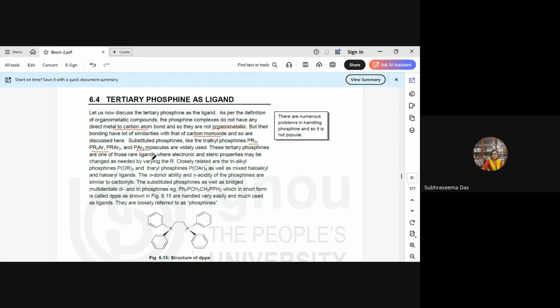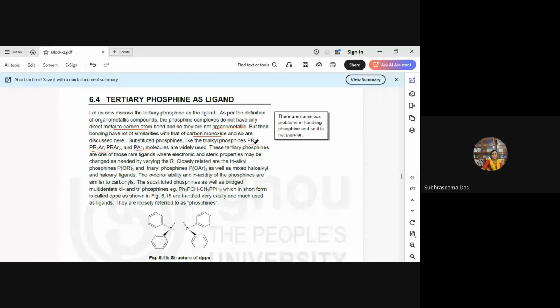These tertiary phosphines are one of those rare ligands where the electronic and steric properties may be changed as per our need by varying the R group. Closely related are trialkyl phosphines, P(OR)3, or triaryl phosphines like P(OAr)3. We also have haloaryl and haloalkyl ligands.